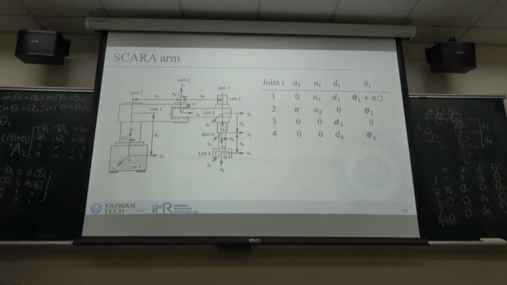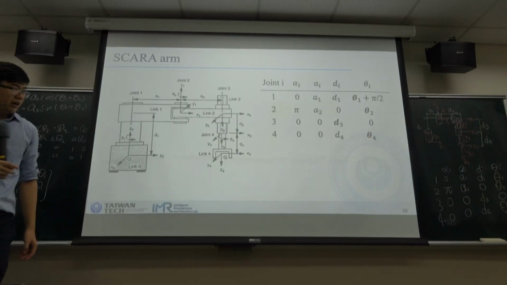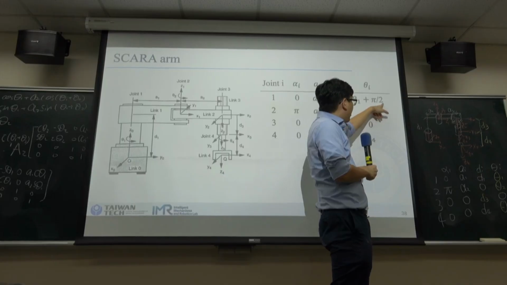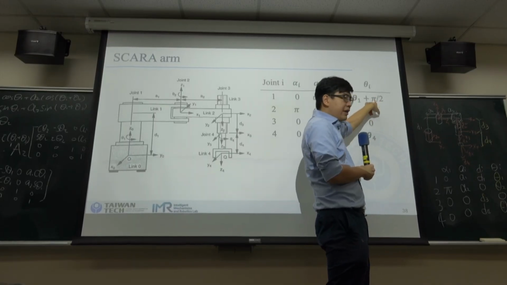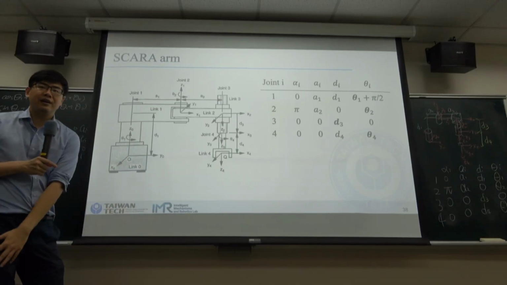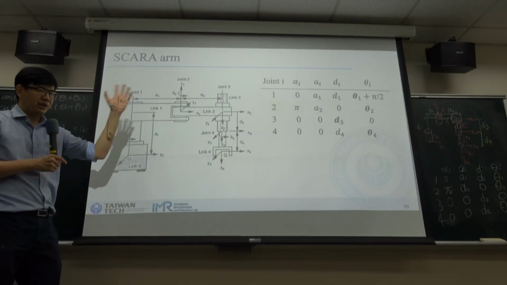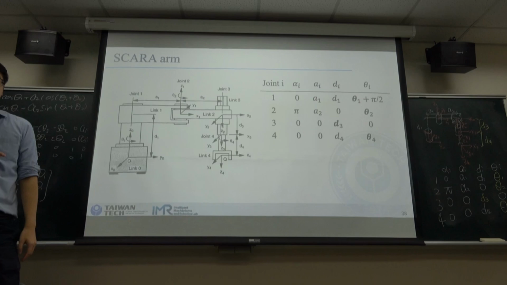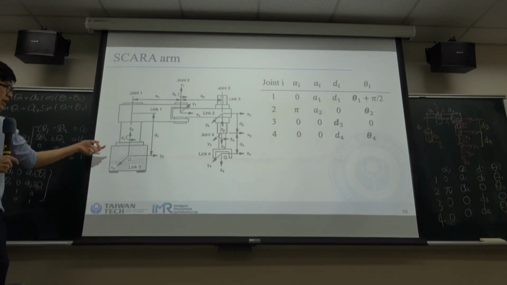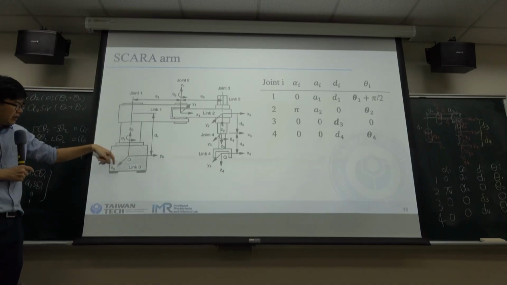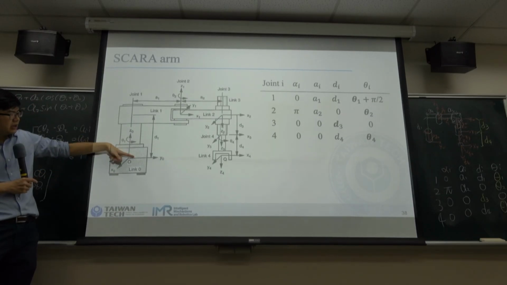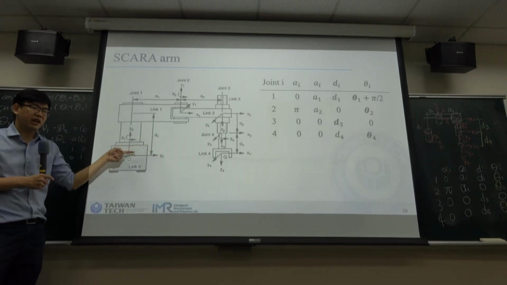So the next thing we need to do: why is there a half of pi here? Do you know why? What's the difference between these two conventions? If you see the base frame here, the x is pointing outwards, so y is pointing in this direction.